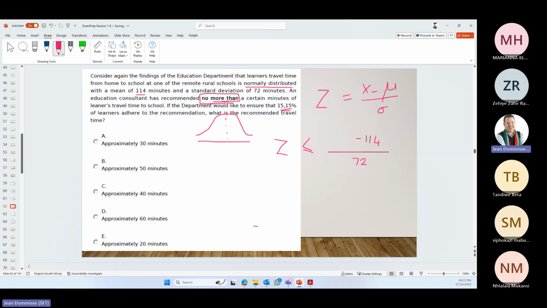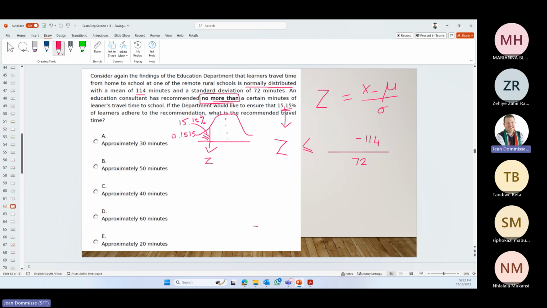But when I say we actually have something here, so smaller than, what we want to say is this Z, whatever that is, this area must be 15.15%. And so if we just make it to decimals, 0.1515.